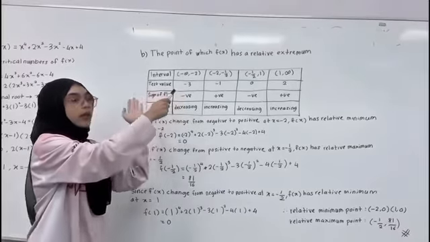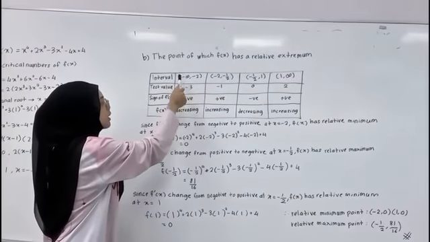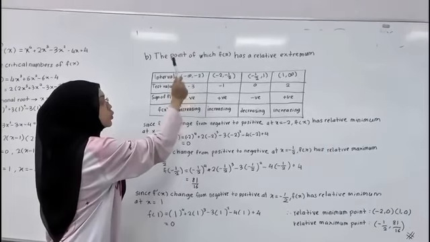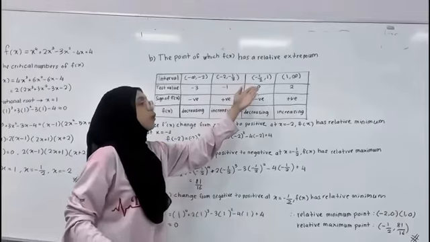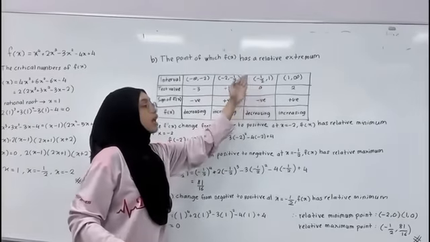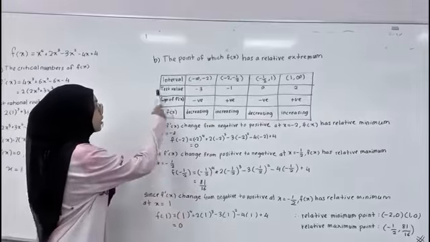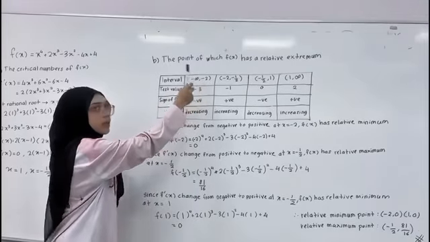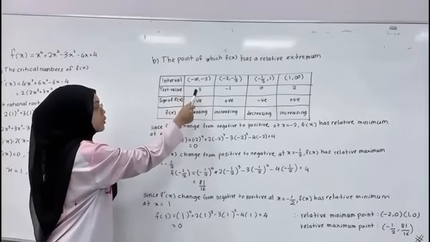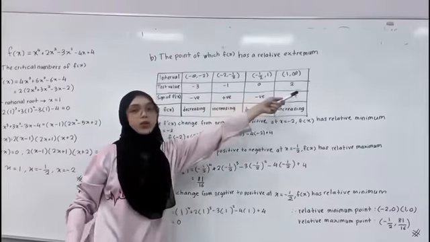From the critical points, the intervals are first negative infinity to negative 2, negative 2 to negative 1 over 2, negative 1 over 2 to 1, and 1 to infinity. Then we take test values between these intervals: negative 3, negative 1, 0, and 2.